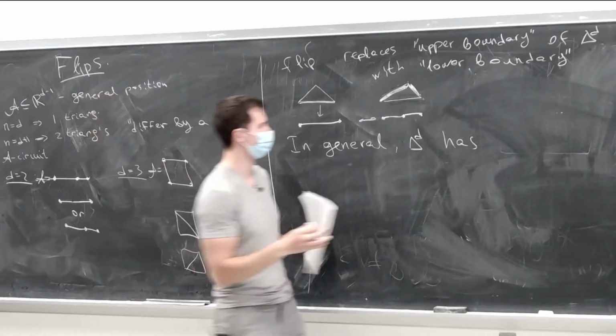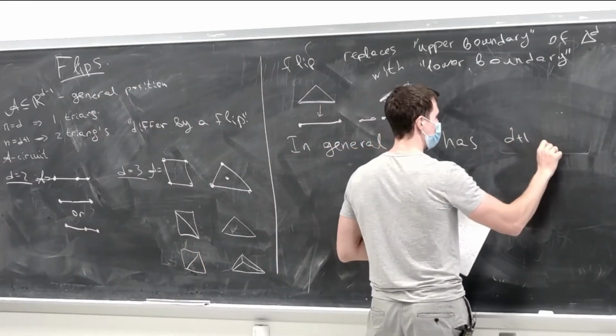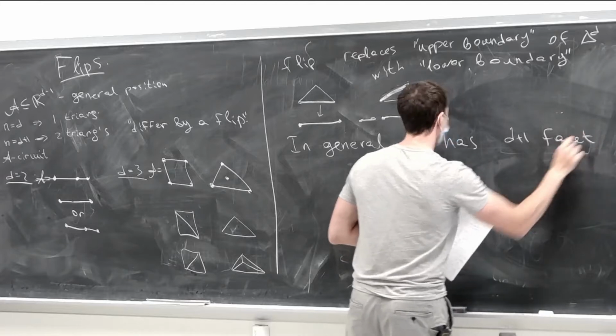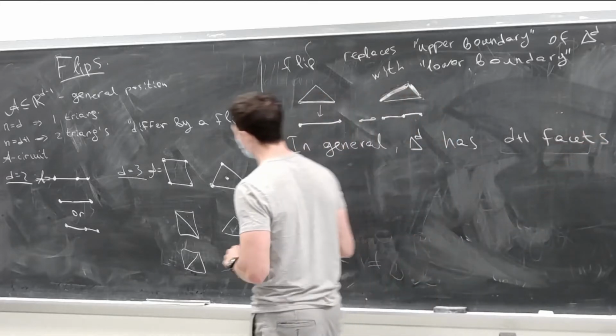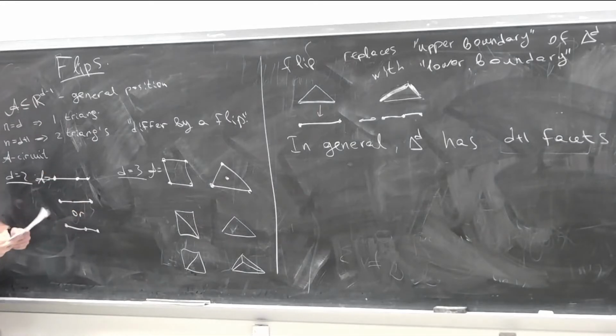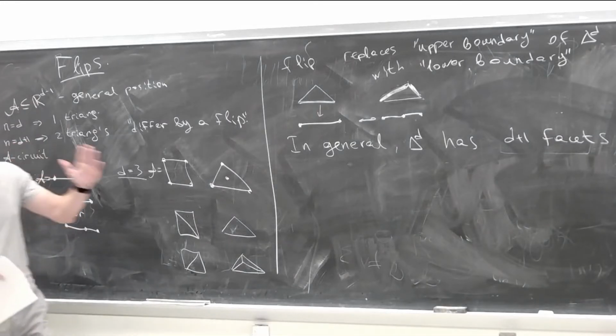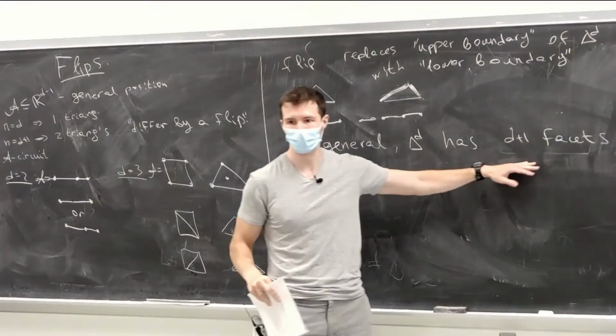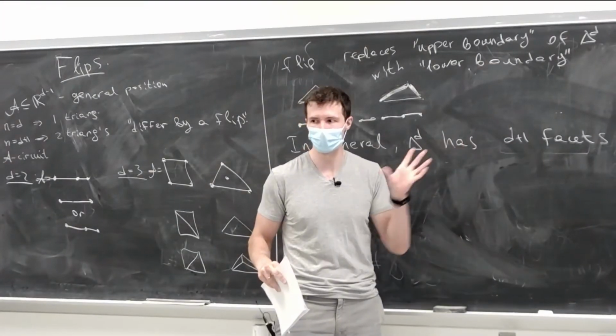D plus 1. Thanks. D plus 1 facets. So the point is that whenever you apply a flip in any dimension, all of these facets are going to participate on one or the other side of the flip.